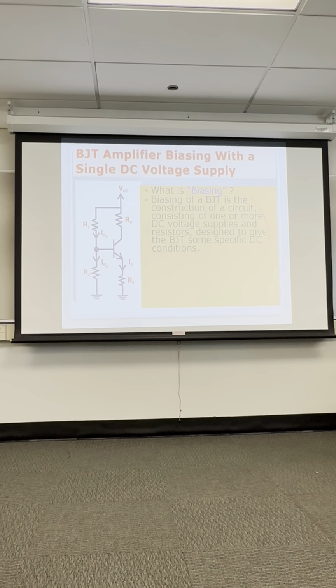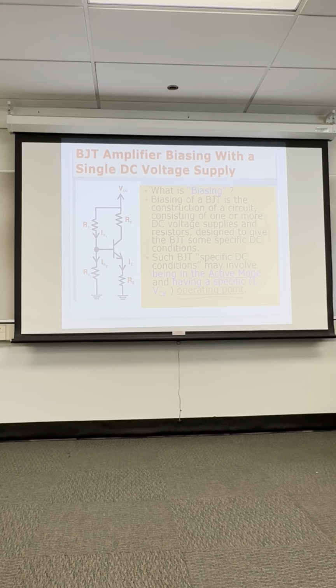With these resistors, we can control the collector, base, and emitter voltages and currents, and we can set up specific DC conditions for the circuit to be in the active mode. This is called the operating point. It's also called a quiescent point. And the name that we have used before is the active mode.